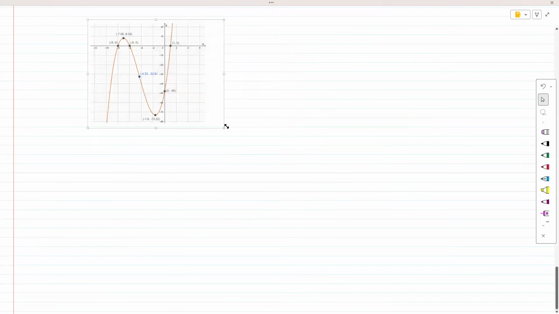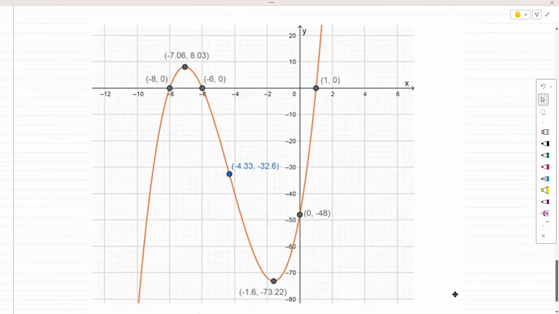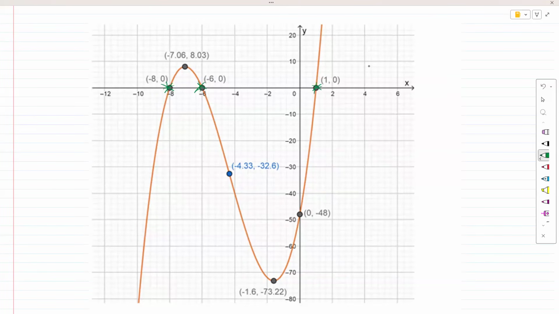This is easy to draw when you have your ruler, pencil, and a book. Generally, we look at our points. We have x-intercepts 1, 2, 3. Those would be plotted first. Generally, I would plot the turning points next, one turning point there and another there, right?